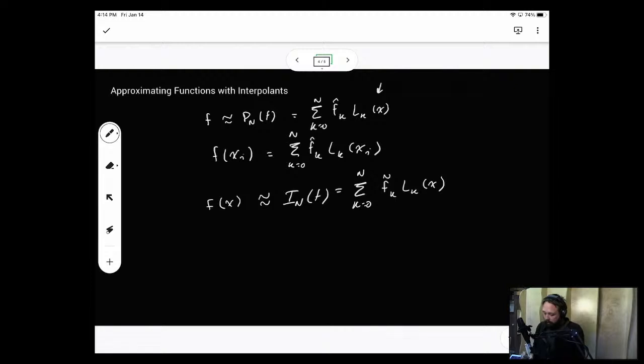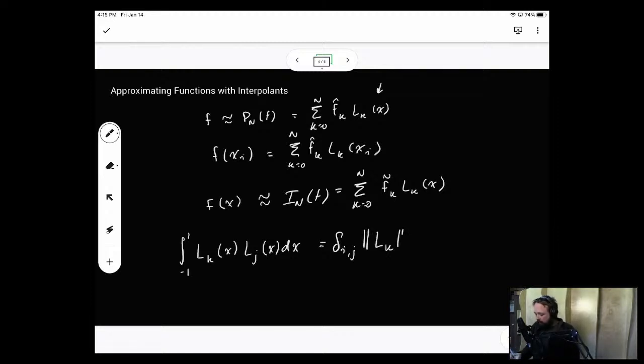For the first one, the f hat k's, I should have mentioned this in the beginning: the Legendre polynomials are fairly nice because they satisfy a pretty cool property called orthogonality. If I take Legendre polynomial k, multiply it by Legendre polynomial j, and integrate over that domain, I get the Kronecker delta, also multiplied by the magnitude of L k squared.